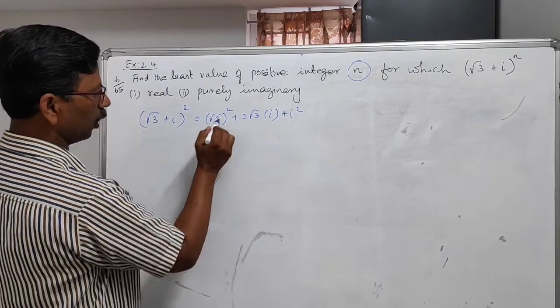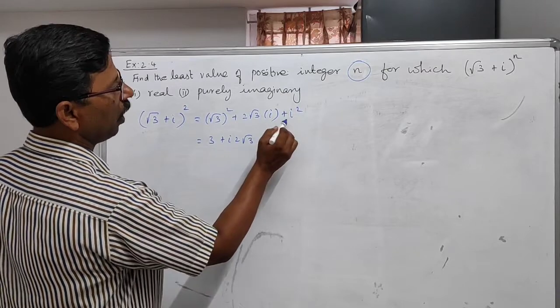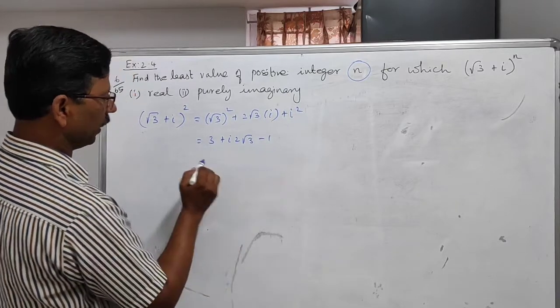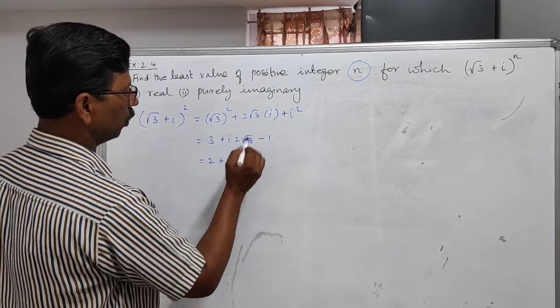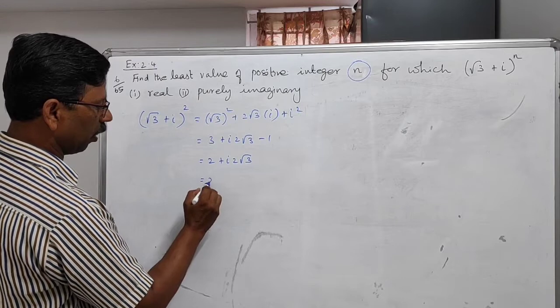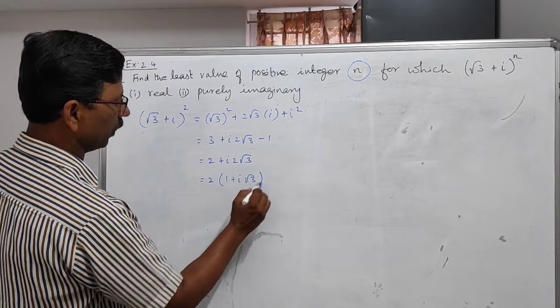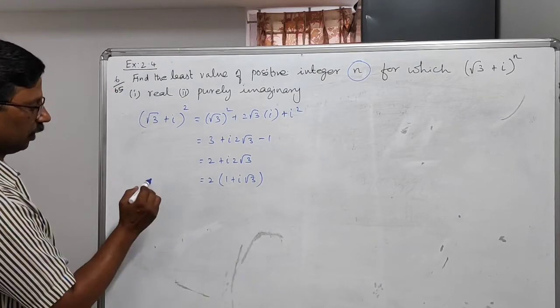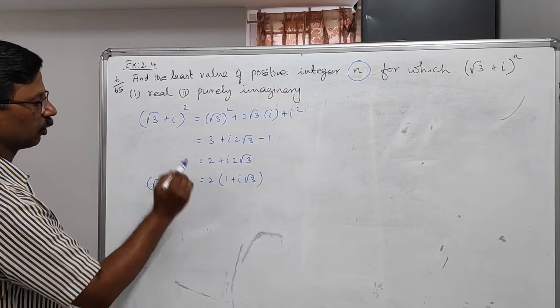Now it is equal to root 3 square is 3, plus i into 2 root 3, and i square value is minus 1. Therefore, we get 2 plus i into 2 root 3. Here also you can take 2 commonly outside, then you will get 2 into (1 plus i root 3). Now this is (root 3 plus i) the whole square.